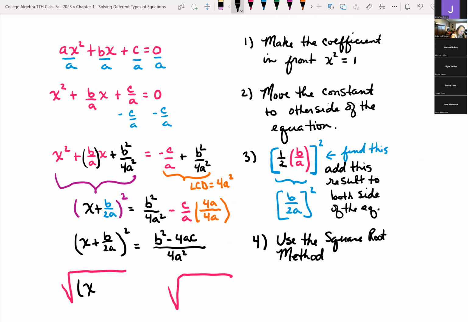I have x plus b over 2a, quantity squared, and the square root of that is equal to plus or minus the square root of b squared minus 4ac all over 4a squared.